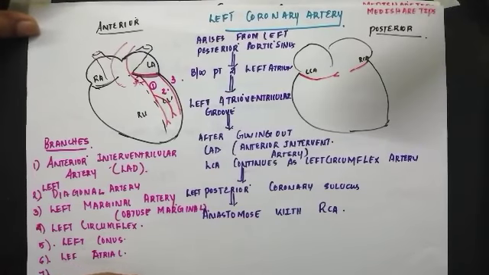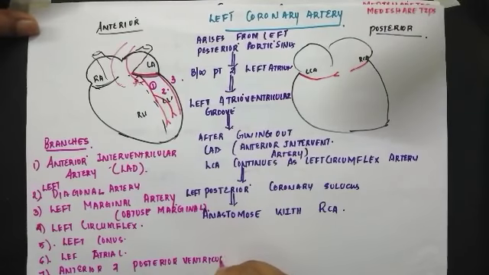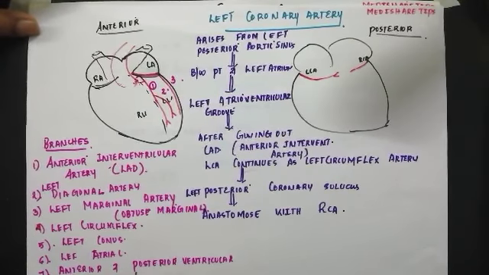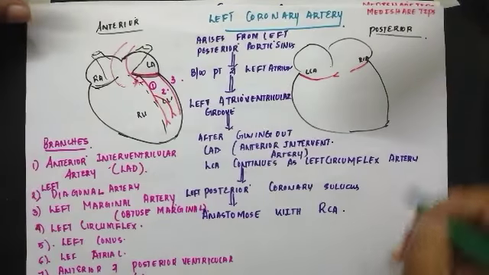And seventh one, it also gives out anterior and posterior ventricular branches. And it also gives out a nodal branch, that is the SA nodal branch, in 35% of the cases.